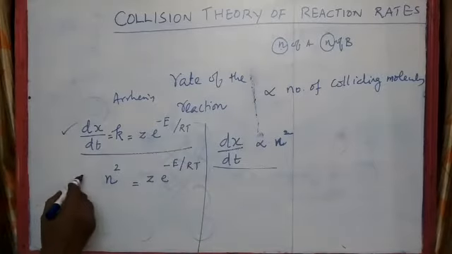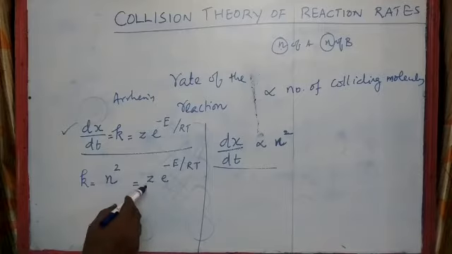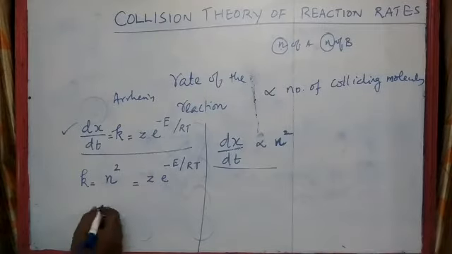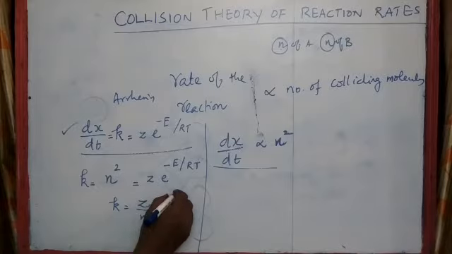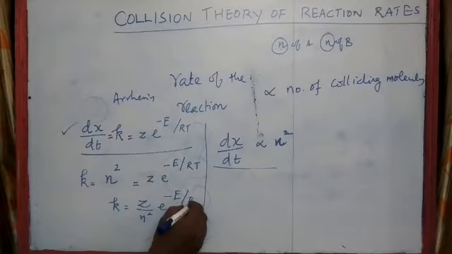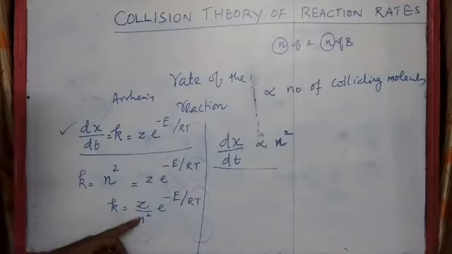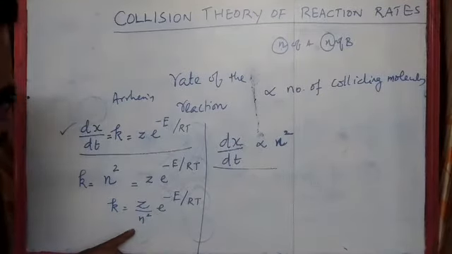Or I can write k is equal to n squared equal to Z e power minus E by RT. So now I can write k is equal to Z by n squared e power minus E by RT. Can I write this way? k is equal to Z by n squared e power minus Ea by RT.